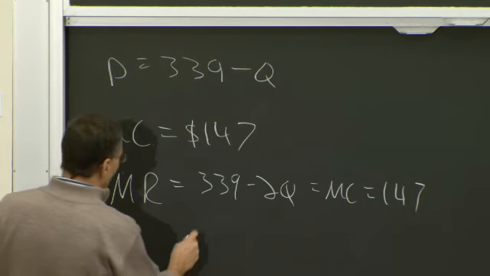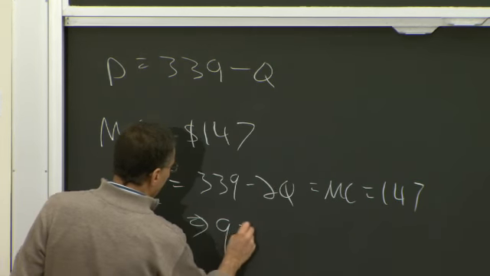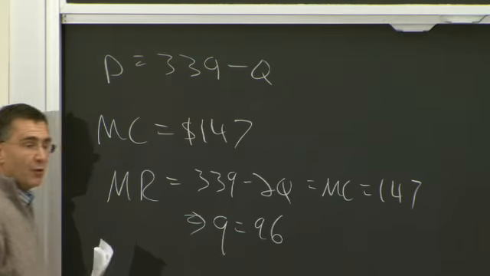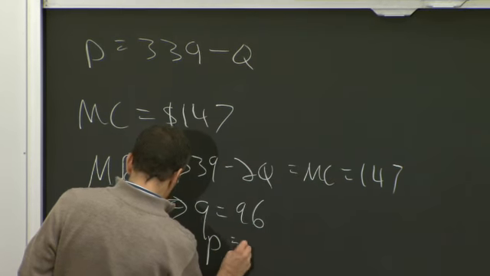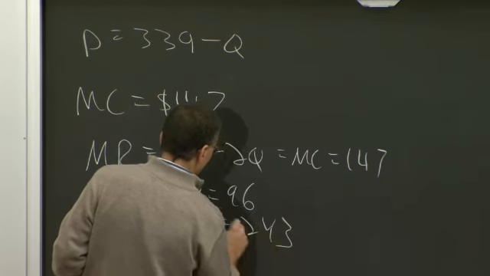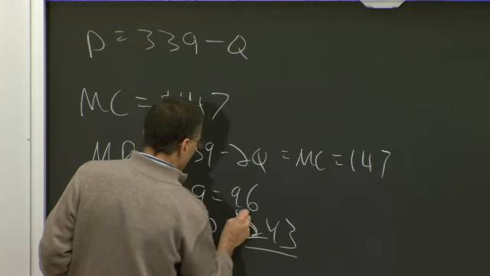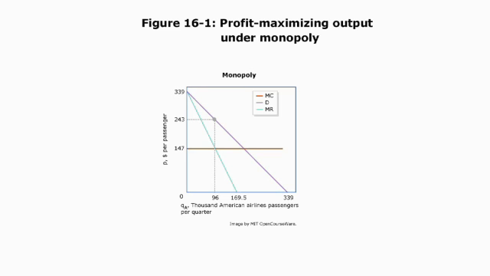So it would choose a quantity of 96. And it would choose a price of $243, which we just get off the demand curve. If the quantity is 96, the price is 243.